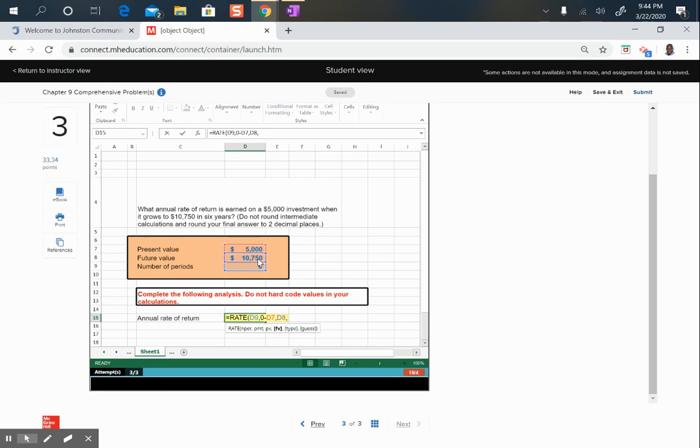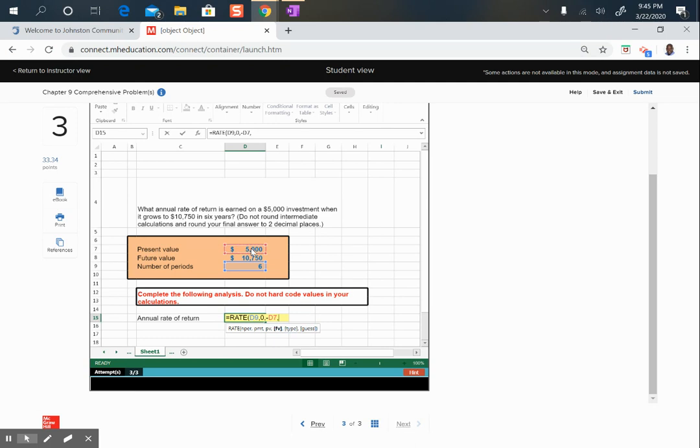So let me just go back. I think I'm missing something. Our number of periods is 6. And then our payment is 0. And then the present value is 5,000.